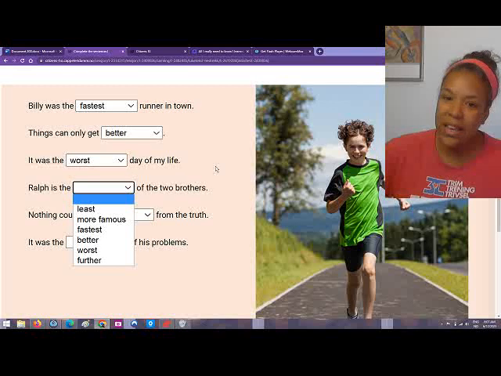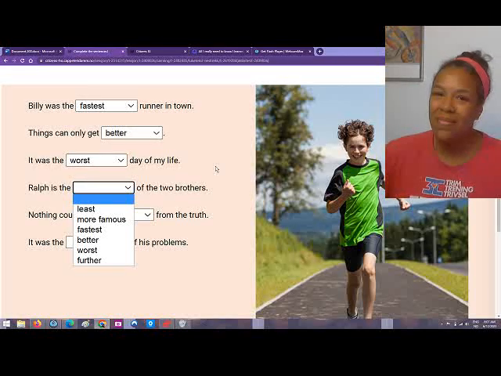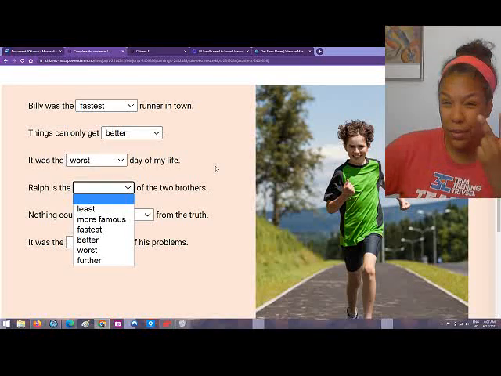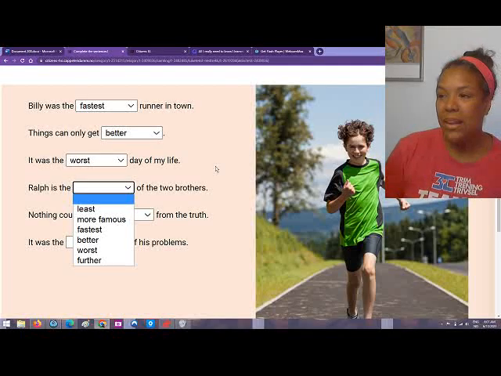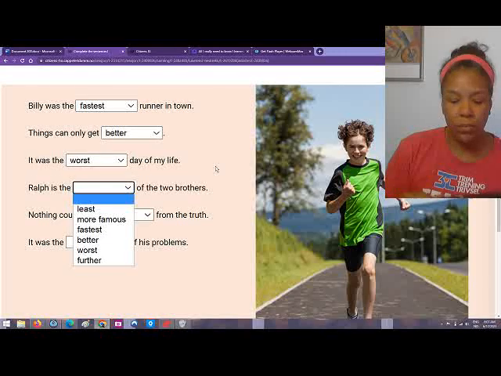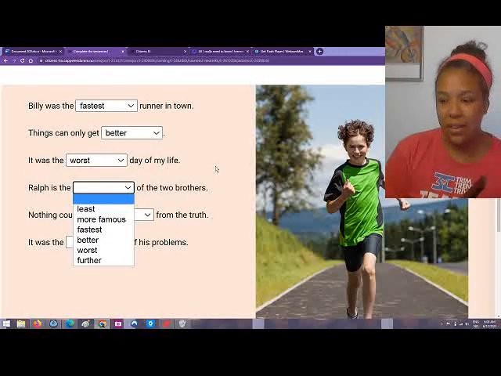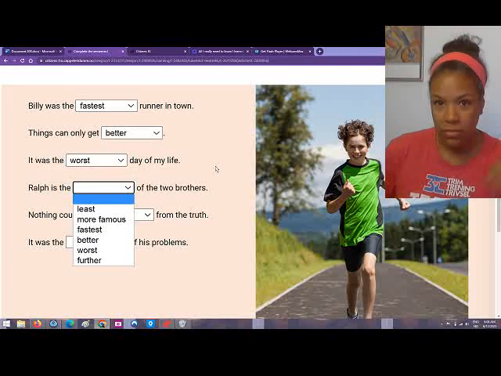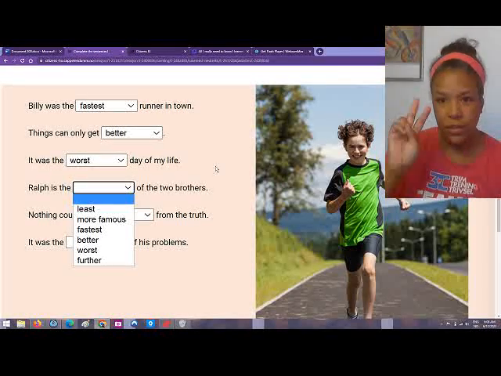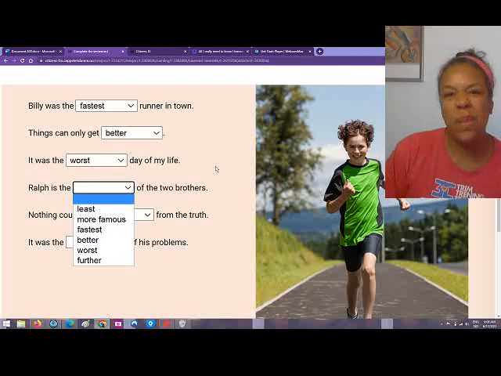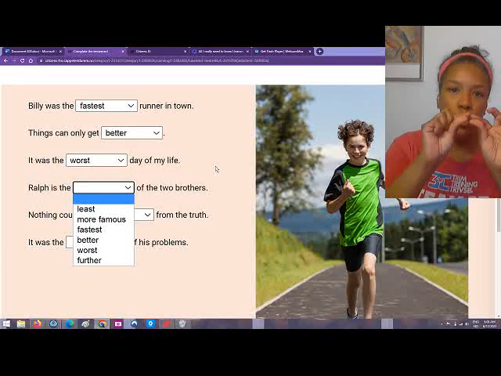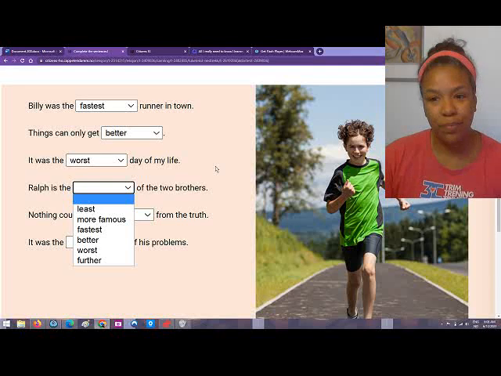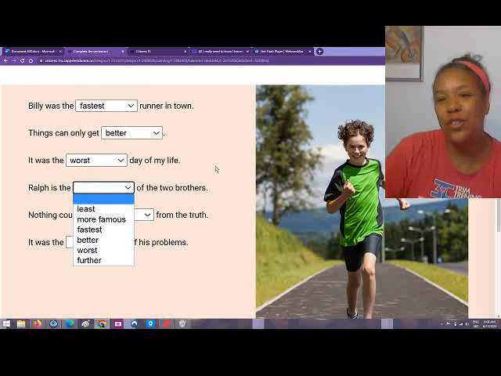When I'm talking about two things, I'm going to use either more, for instance, this remote control is more expensive than that one. So I'm comparing this with that. Two things. More expensive. More beautiful. Usually with words that are longer, you use more. But I digress. Here you have to choose the best one.